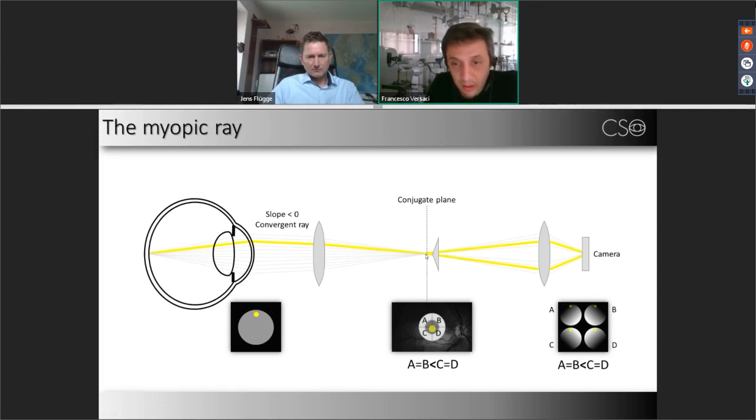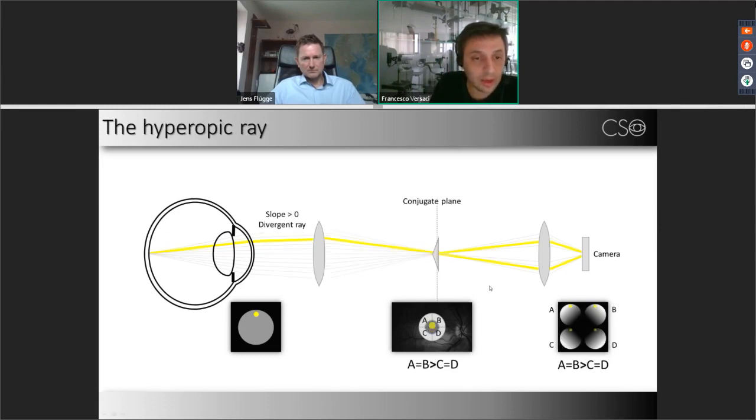This means that this ray is going to hit the pyramid not in the center, but a little bit below, which means that the C and D faces will receive more energy than A and B, and this means that the C and D points on the sensor will be brighter than A and B. The other way around, with a hyperopic ray, the focus will be behind the vertex of the pyramid, or inside the pyramid, and A and B will be brighter than C and D.